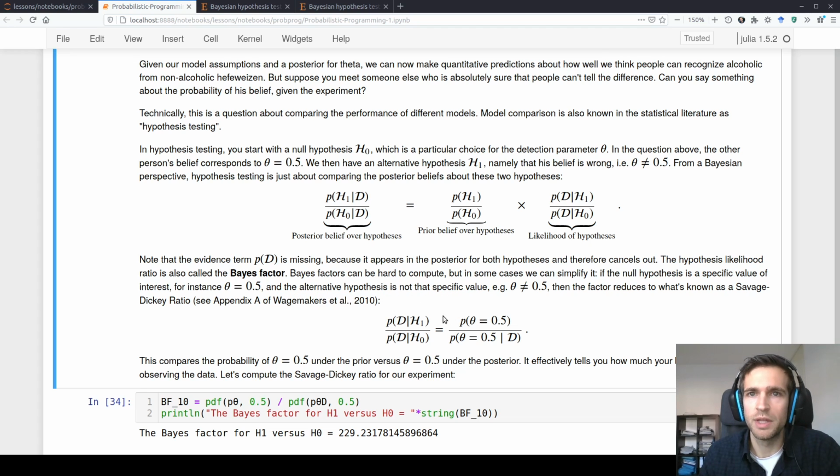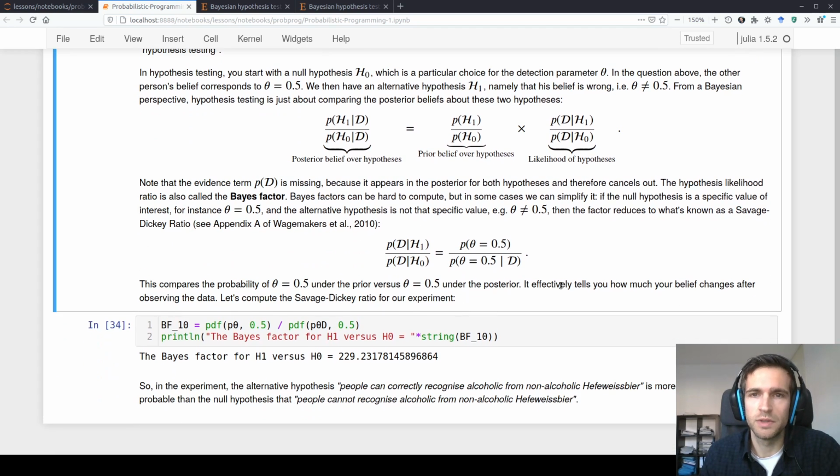I'm not going to do that here, that'll take too long. In that case, the ratio of likelihoods simplifies to the probability that theta equals 0.5 under your prior, divided by the probability that theta equals 0.5 under your posterior.